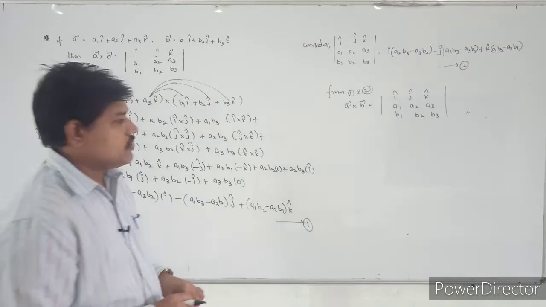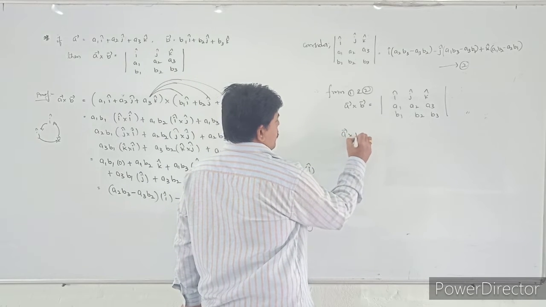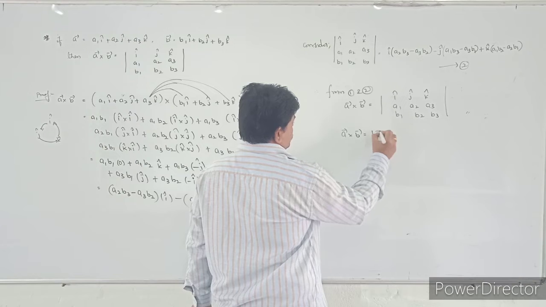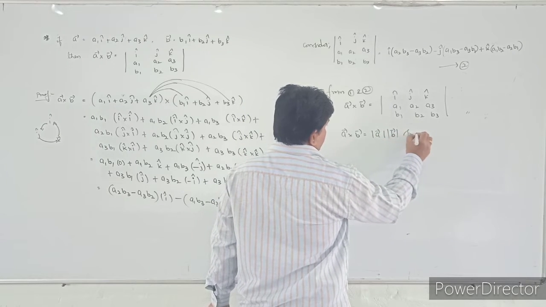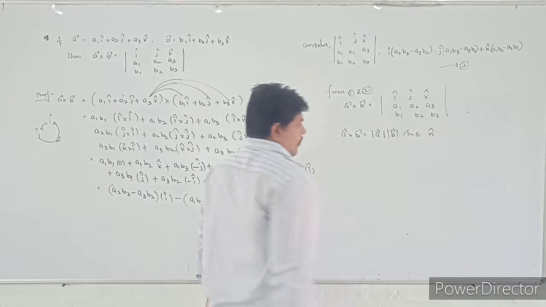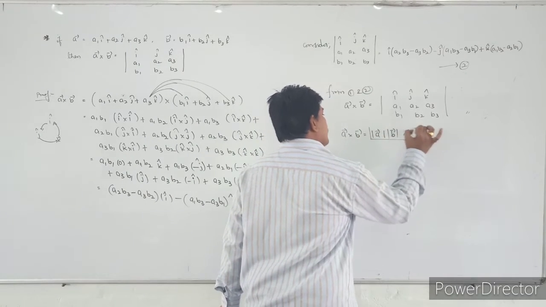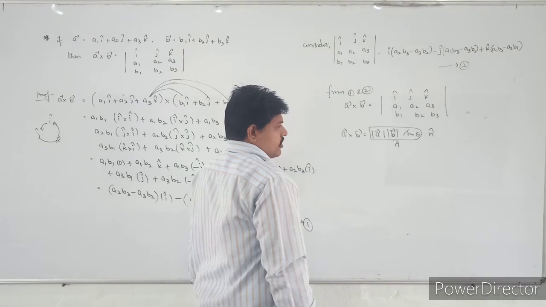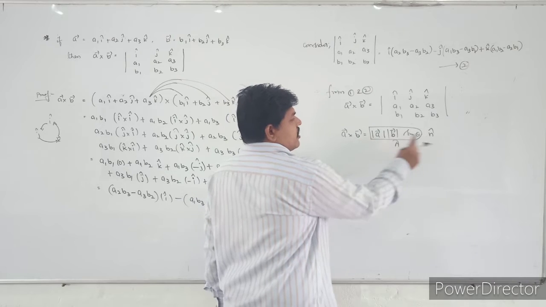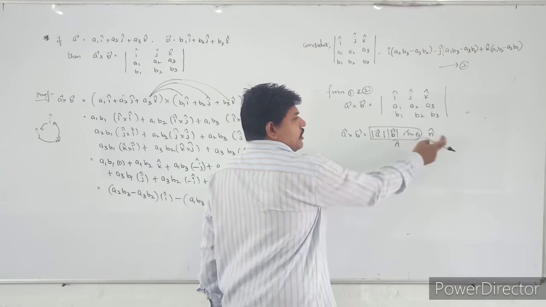And also see here, students. I have already told what A bar cross B bar is. A bar cross B bar is nothing but mod A mod B sin theta into N cap. For example, all these values are some scalar, so A cross B is equal to lambda into N cap.